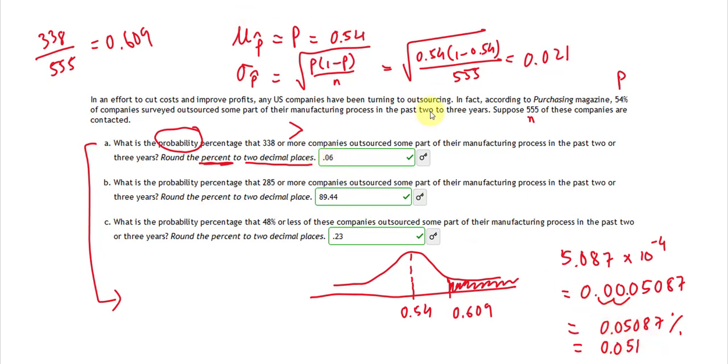So this is the correct process. Just try not to round in the beginning, but only round the answer at the last step. Then if you do the same thing for the other two parts, B and C, you should get these two answers.